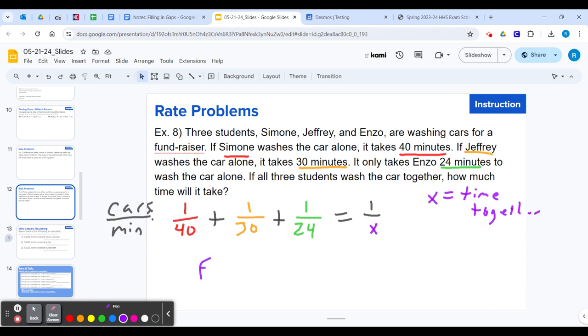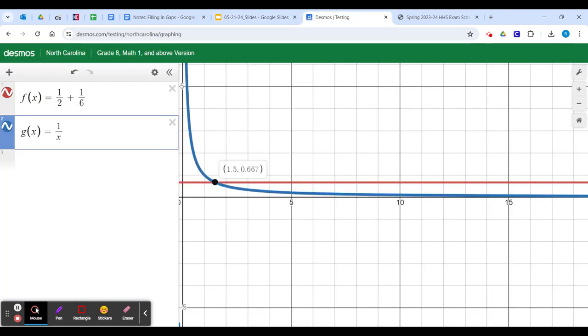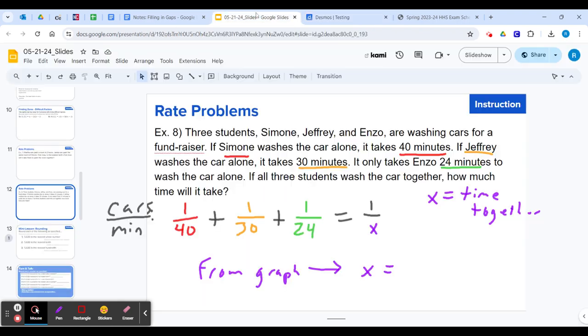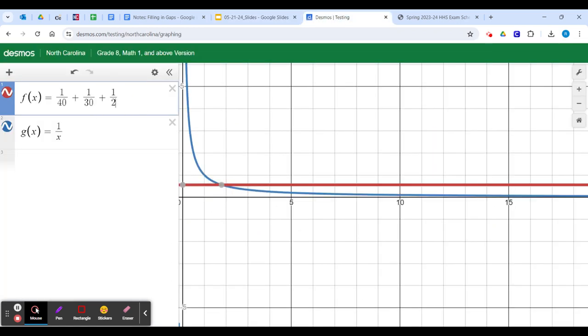I'm going to graph it again to solve this equation so I don't have to spend too much time on it. From our graph, we can find that x value, or the time it takes for them to wash the car together. I'm just going to replace these formulas here. I have 1 over 40 plus 1 over 30 plus 1 over 25, I believe. Let me double check. 40, 30, 24. My apologies, so 1 over 24.